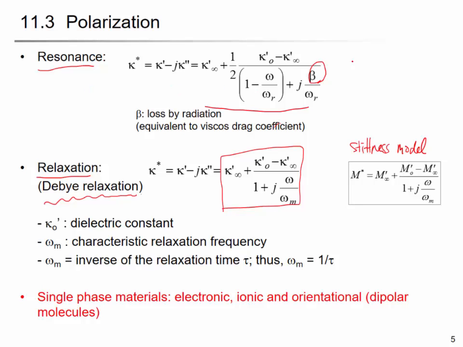So resonance is when the spring is dominant, and relaxation is when the dashpot part is dominant. So the energy loss is the dominant term.